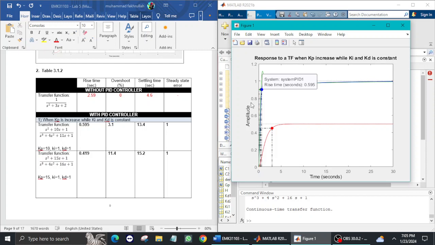And when KP is 10, KI and KD constant, I get 0.595.